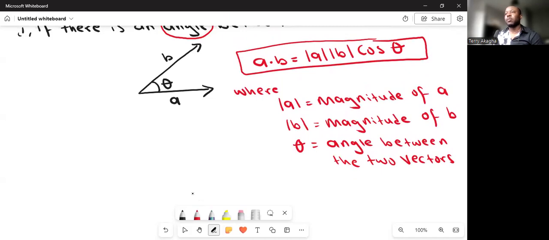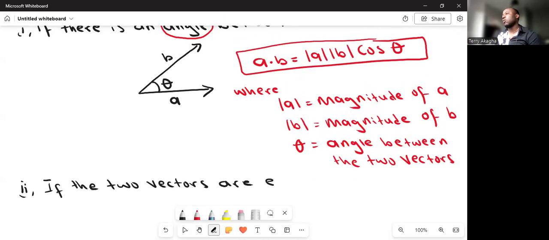Number two, if the two vectors are expressed in terms of unit vectors, so the i, j, and k.